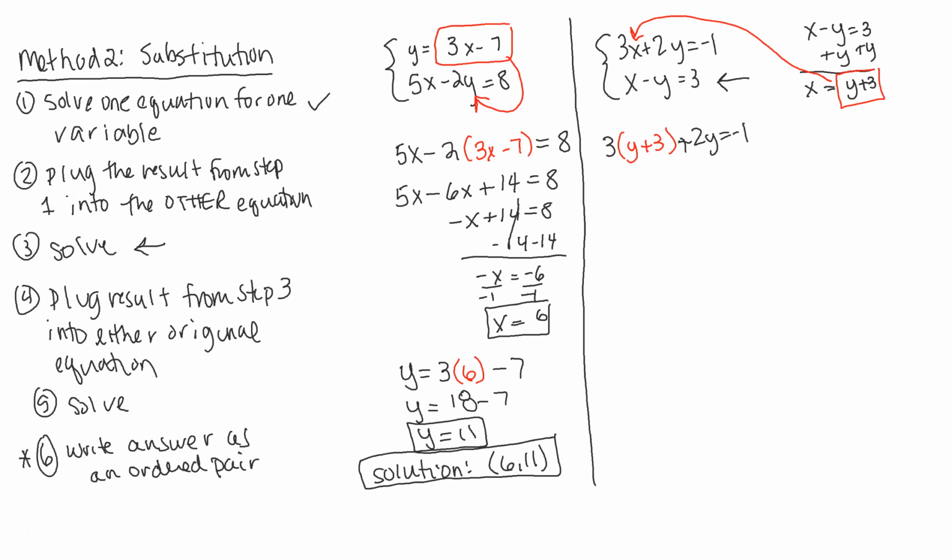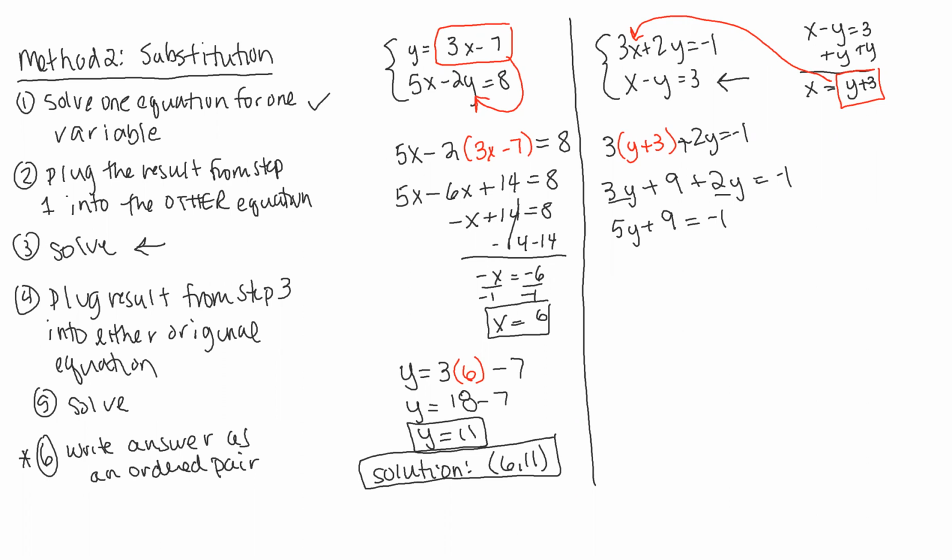So I now have an equation in one variable that I can solve like we did back in chapter 6. So I get 3y + 9 + 2y = -1. I want to simplify a little bit here. My 3y and my 2y become 5y + 9 = -1.